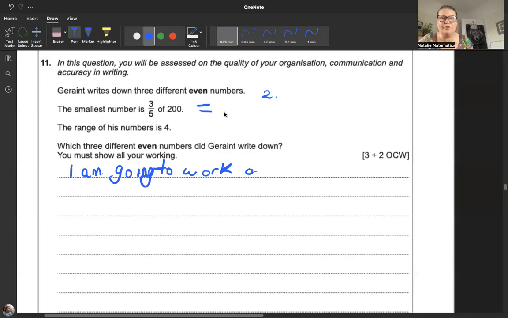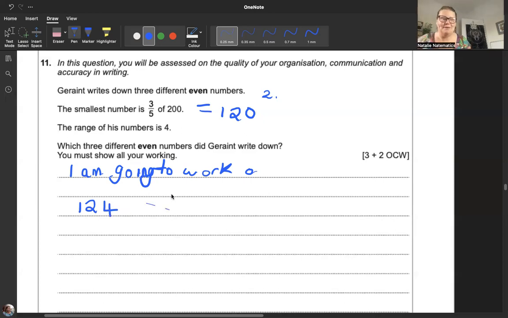I'm going to talk through what I'm going to say, because the writing on this is not working at its best today. The range of his numbers is 4, so the range is the biggest number take away the smallest number. To find the biggest number, I would add 4 to 120, because the range is 4.